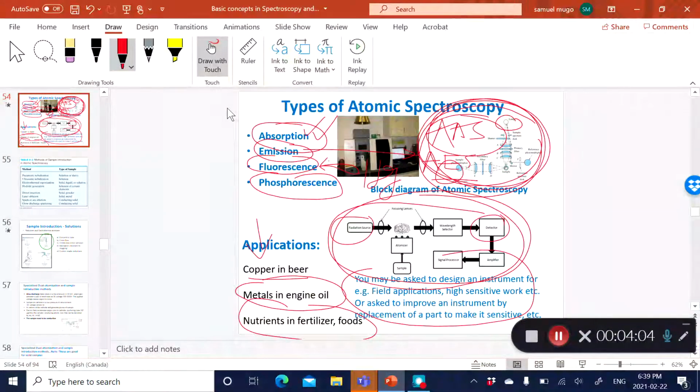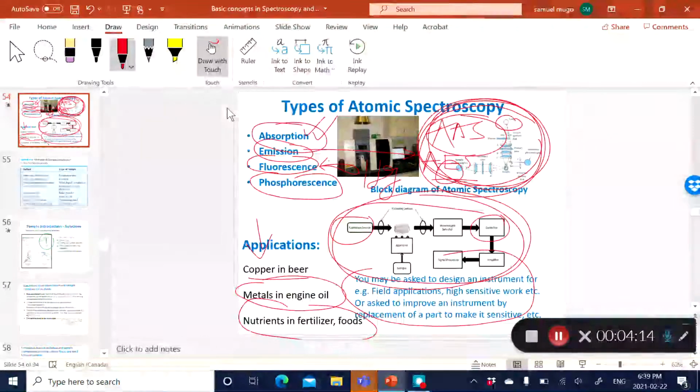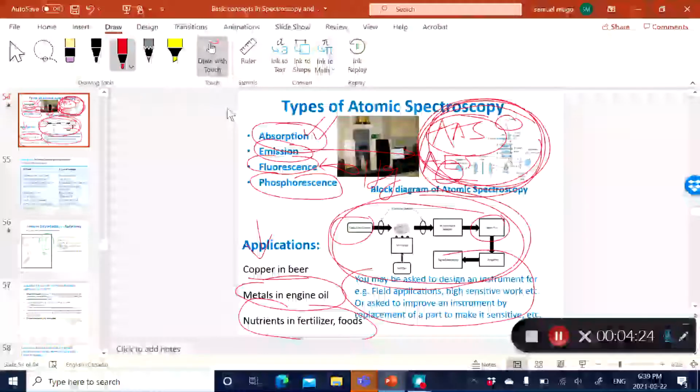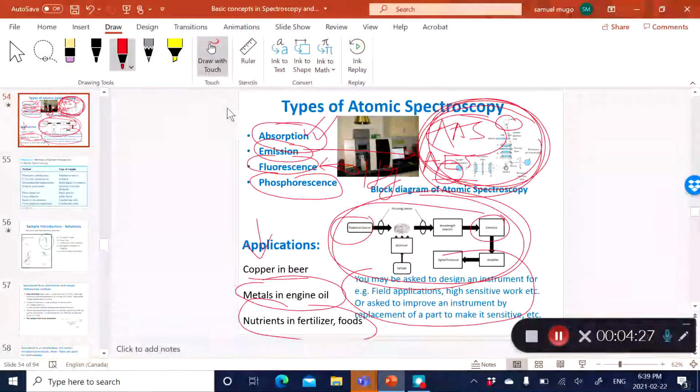That is really the purpose of this lecture, to understand why you use each particular component that you integrate into your atomic spectrometer. Who knows, some of you may end up being hired by instrument manufacturers, and you will need to understand the basis of every component that is typically used.